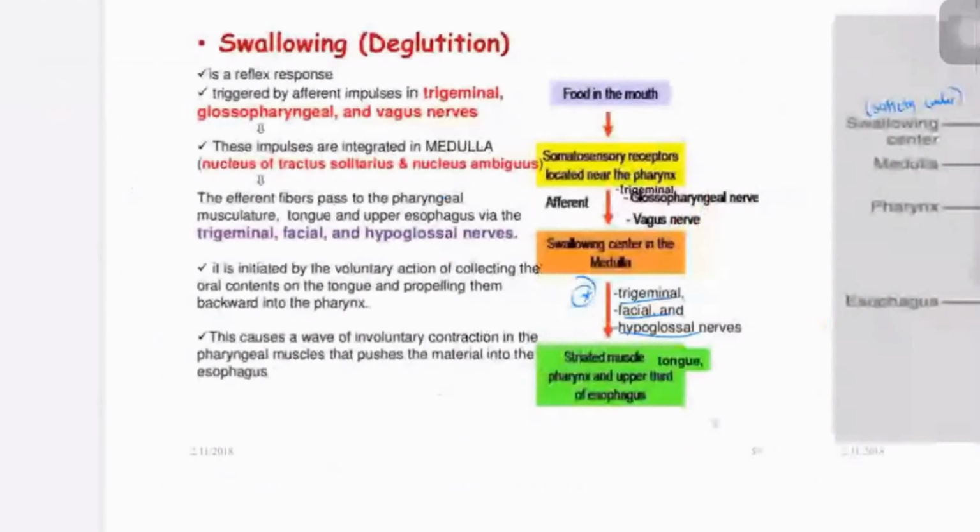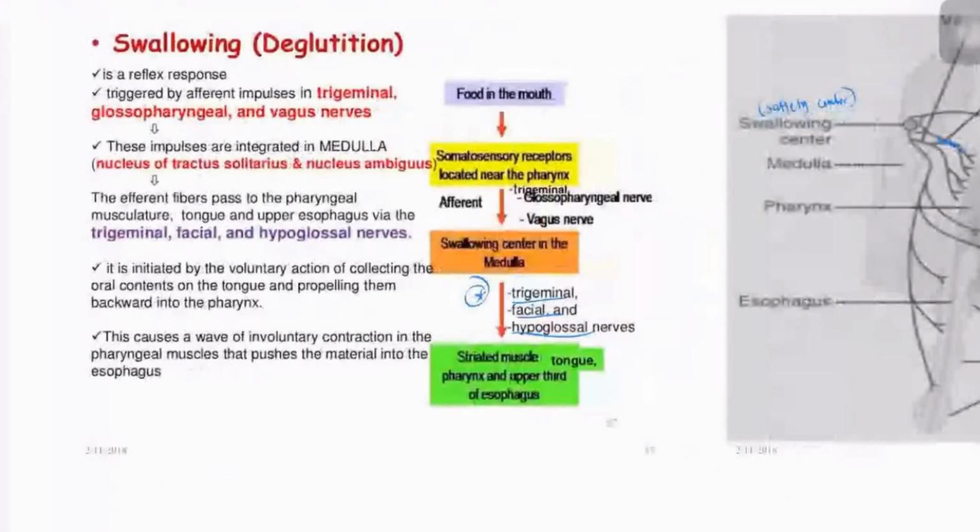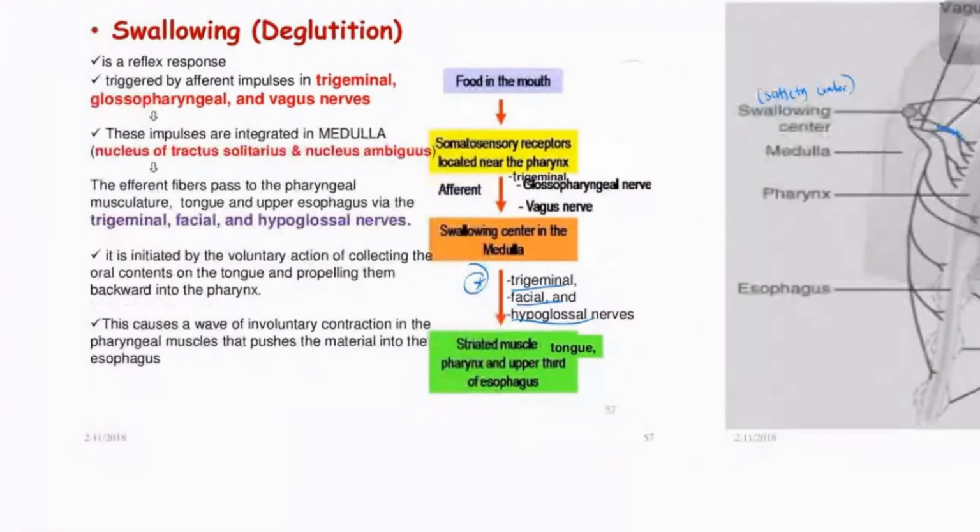Now, let's go to your swallowing or your deglutition. So, this is a reflex response triggered by your afferent impulse in the trigeminal, glossopharyngeal, and vagus nerve. Take note of the three cranial nerves triggered when swallowing. These impulses are integrated in your medulla, specifically nucleus of tractus solitarius and nucleus ambiguus.